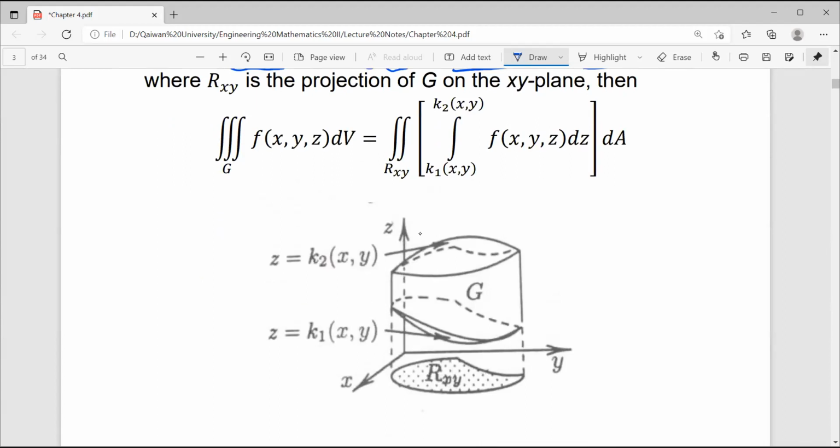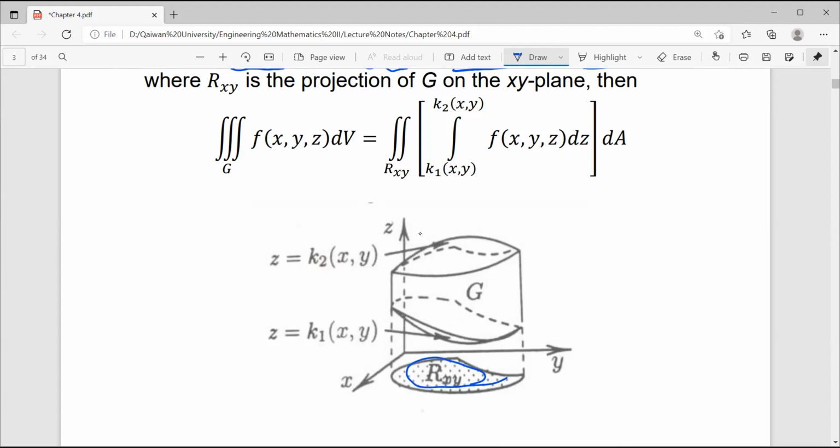For example, if we have this solid, its projection on the xy plane is denoted by R_xy.